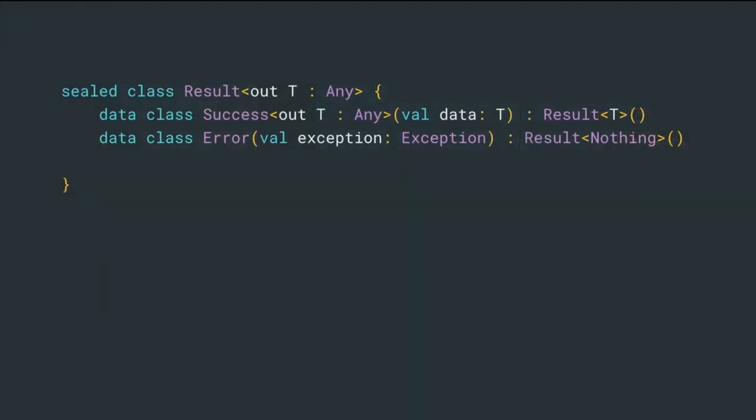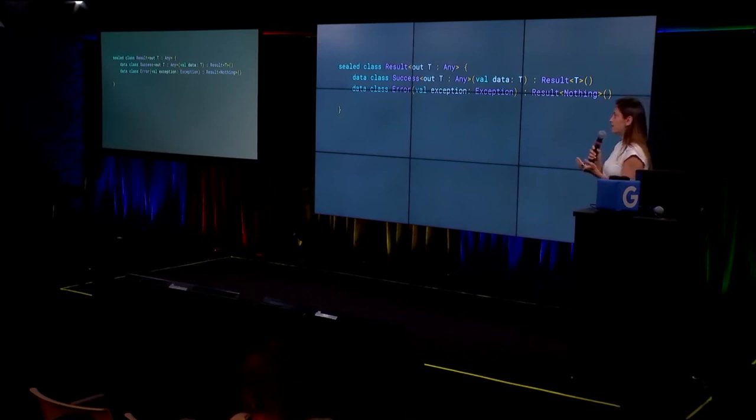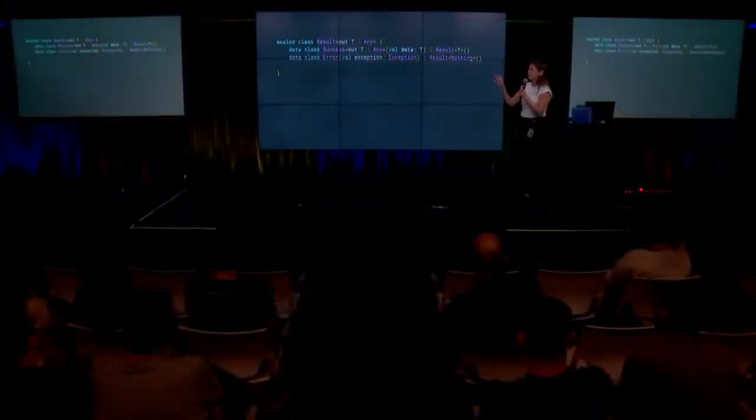Sealed classes are used for representing restricted class hierarchy, where a value can only be one of the ones from a limited set. So practically the sealed class is like an abstract class, but it can only have implementations in the same file.